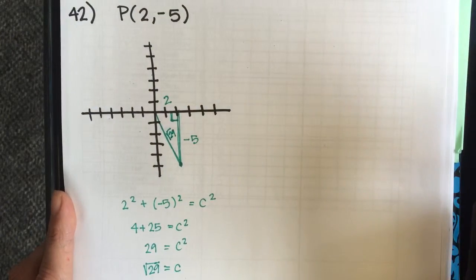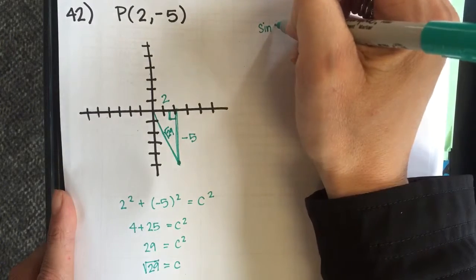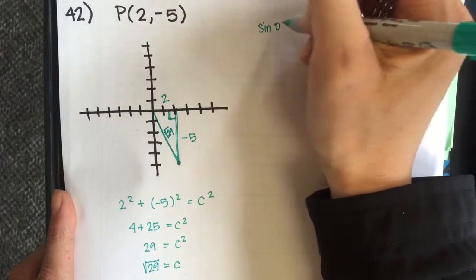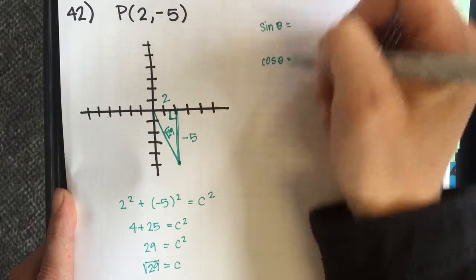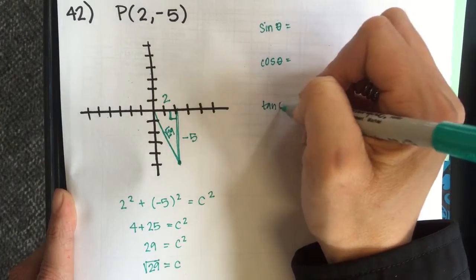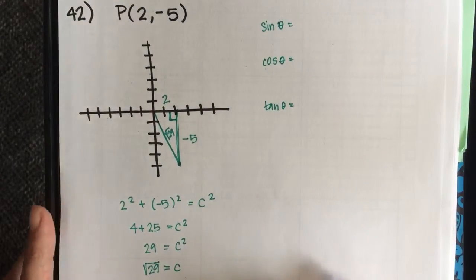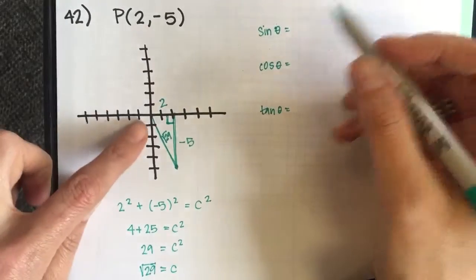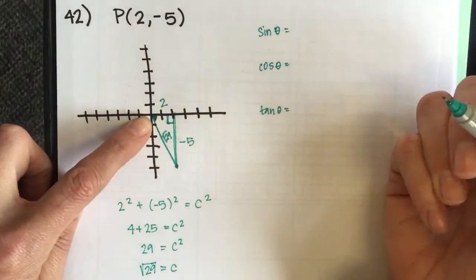And now, like we did in number 10 yesterday, it's a matter of plugging them in. So we have sine of theta, cosine of theta, tangent of theta, and after I find those, I will go back and do the reciprocal functions. Theta is always at the origin, so it's right there. There's your angle.